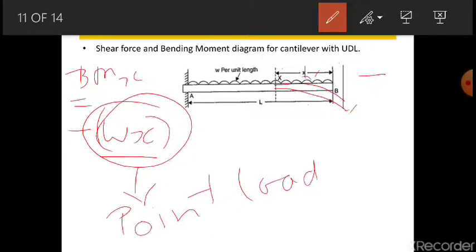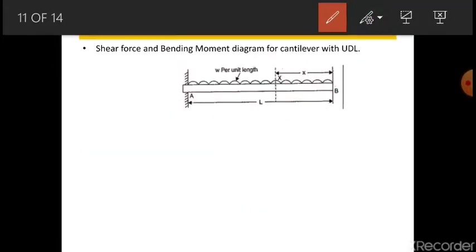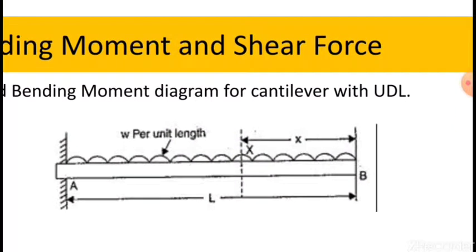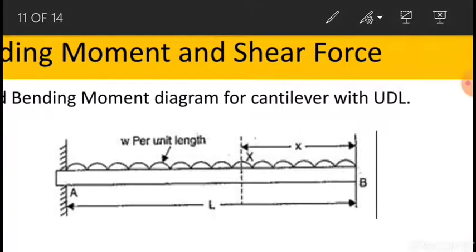This becomes a point load at the mid of this X, here like this. If you see here, once you multiply W into L, that will become a point load, which will be acting at the center of the distance X. So from this point load WL to the section X, how much is the distance?